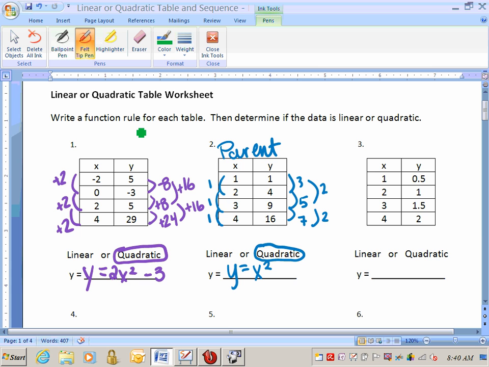Now, let's try number 3 together. Find the differences and then find the equation.